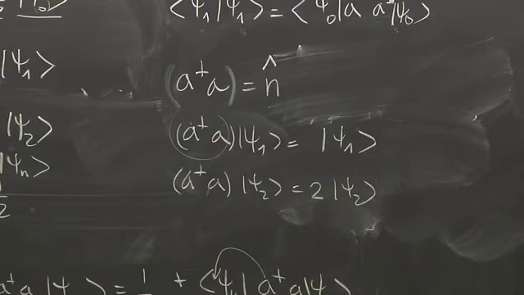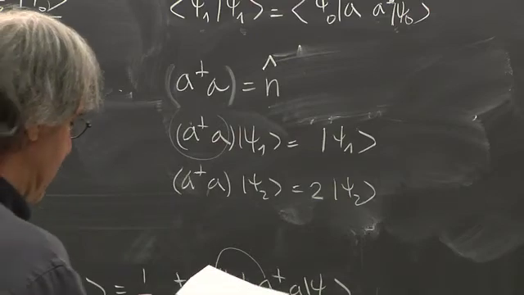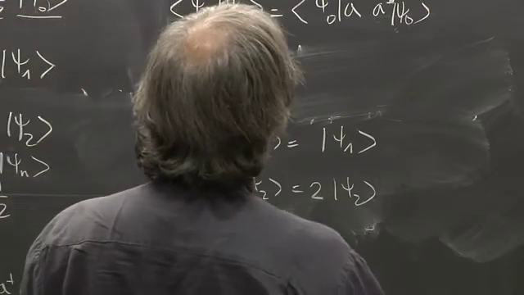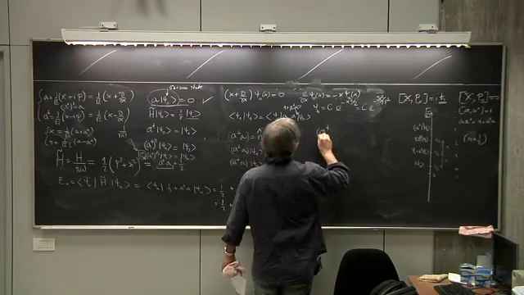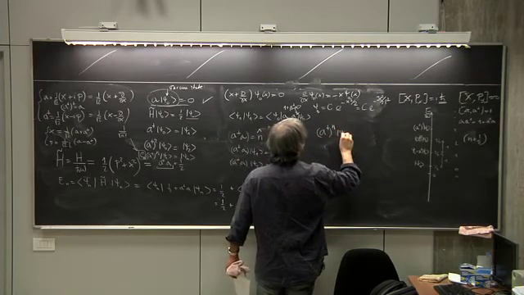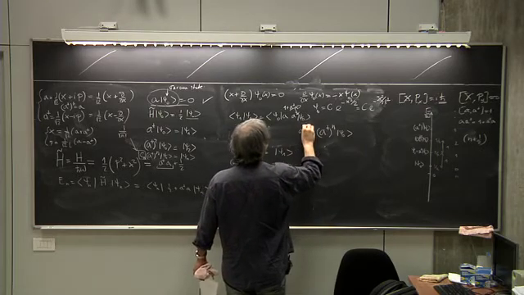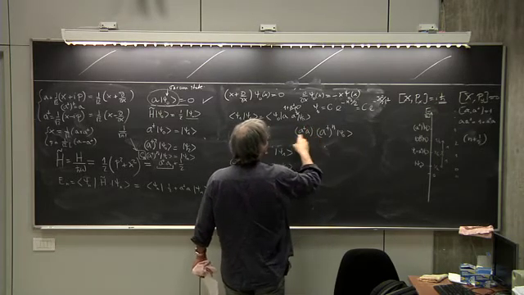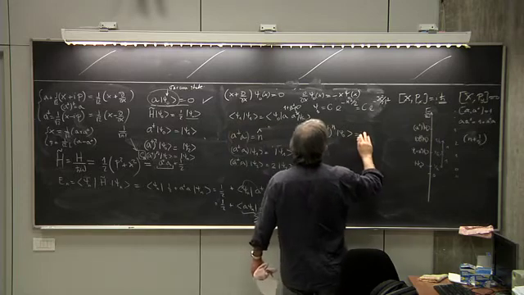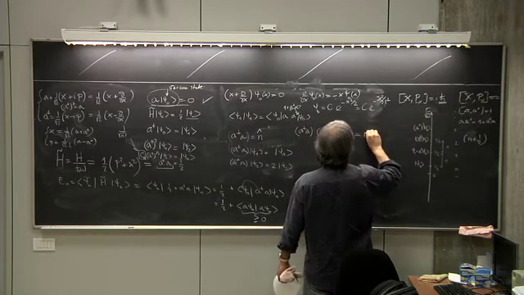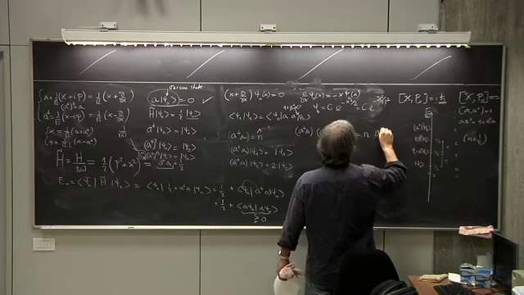So you can prove very easily that if you have a state with, say, n A daggers applied to psi 0, and you apply to it this operator A dagger A, then the operator simply restitutes to you a number that is n times the same state.